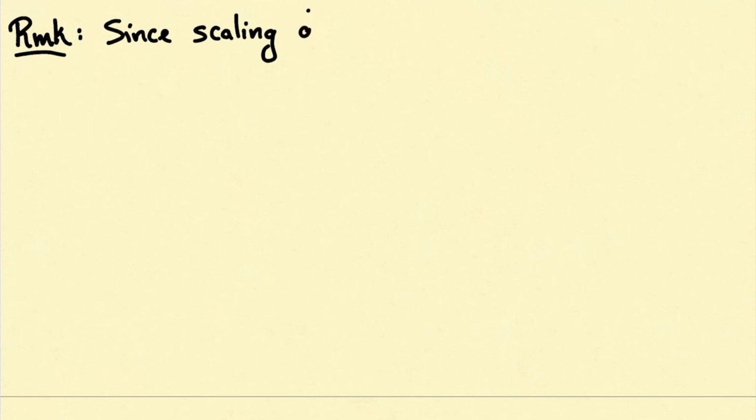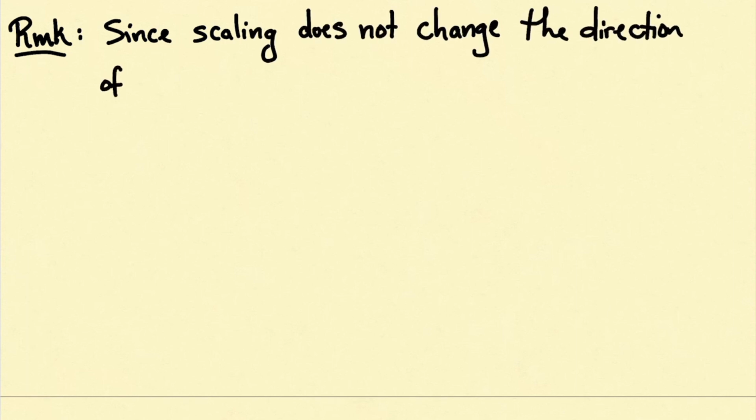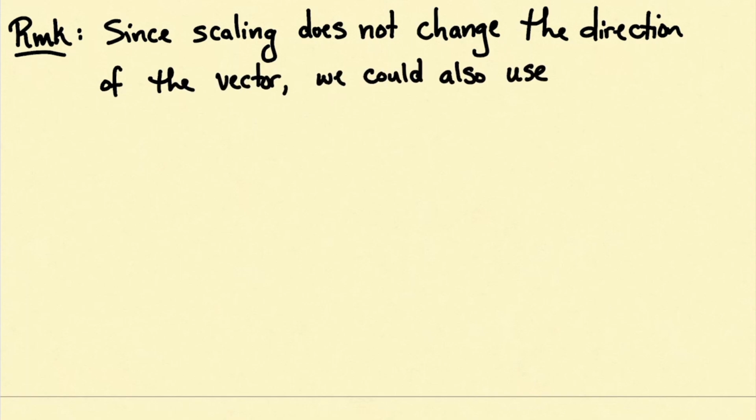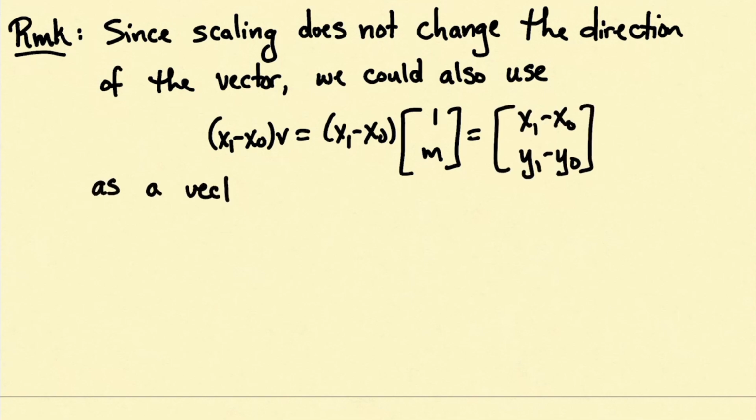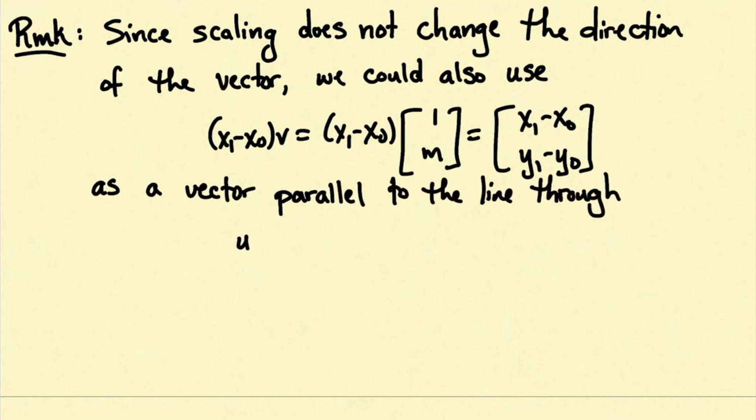As a convenient remark, we note that because scaling does not change the direction of the vector, we could also use x1 minus x0 times v, which is going to give us the vector whose coordinates are x1 minus x0 and y1 minus y0 as a vector parallel to the line y minus y0 is equal to m times x minus x0.